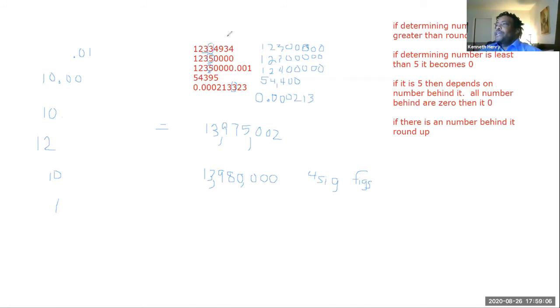Okay, so let's say we're doing addition, and we're talking about sig figs. Now I'm going to show you how it works, and then we're going to do it together. So one with the decimal too.